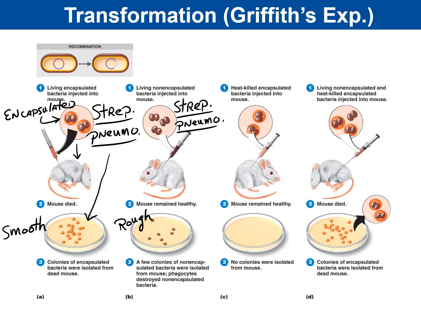So Strep pneumoniae without the capsule we'll refer to as unencapsulated. These were injected into the mouse, and the mouse lived because the mouse's immune system was able to recognize and defeat this form of Streptococcus pneumoniae.